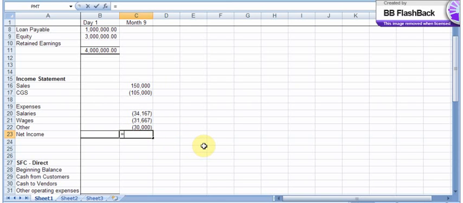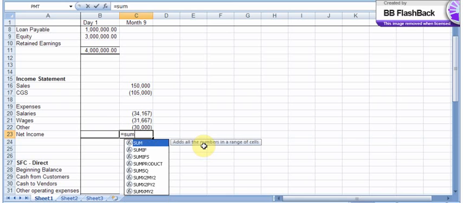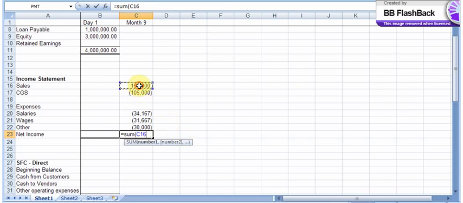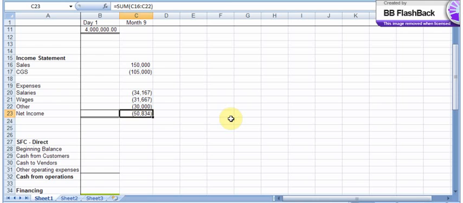Net income is equal to the sum of this column of numbers. So we show a $50,834 loss. Not unusual for a company in the first stage of its birth.